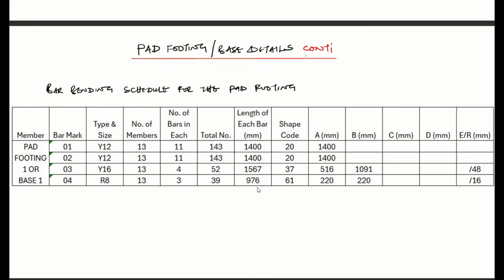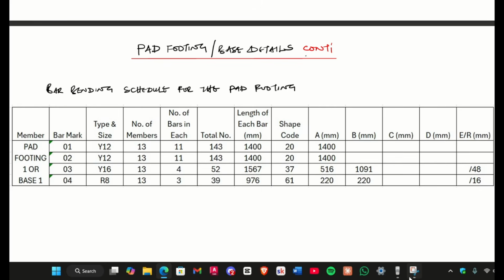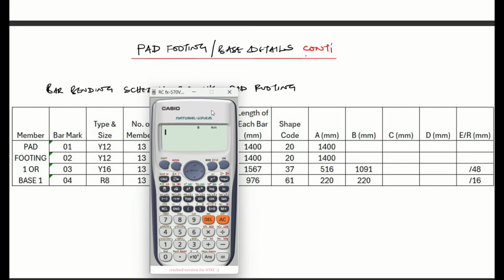Then you should get, let me just do it in the calculator here. Okay. Shape code 79. So it's 2, open, our A, we said it's what? 200, right? Close, plus our B, we said it's 200 again, and the formula says 3B, right?